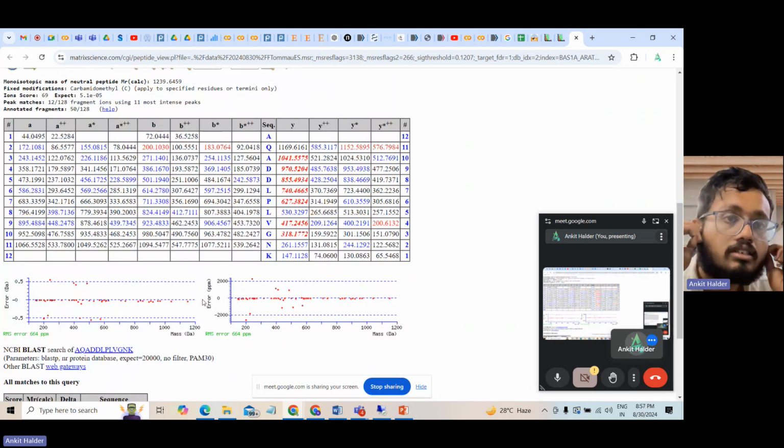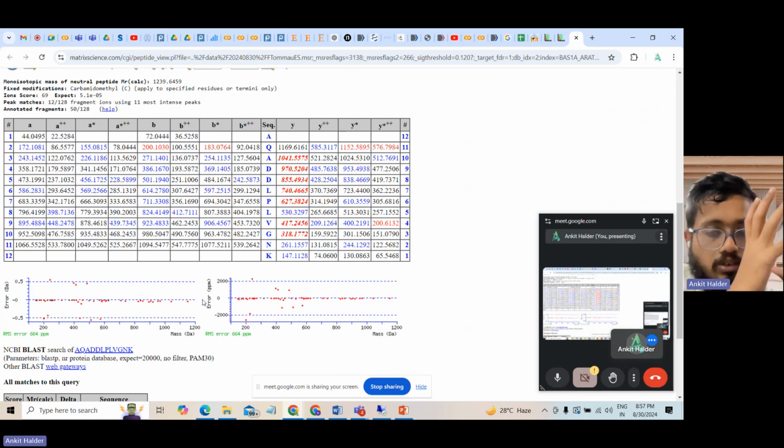The basic prerequisite here is that to deduce the sequence of the peptides, we need to have the MS/MS information. Then only can we generate the Y ions. So here you can see which Y ions have been identified.